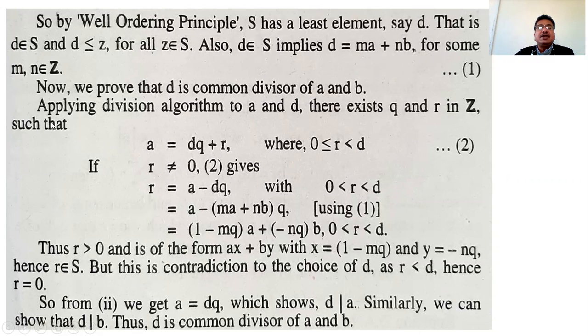So here, suppose m and n exist such that D is equal to ma plus nb, because D is an element of S, and every element of S is of this form, that is, a times some integer plus b times some integer. So take those integers as m and n, or any other notation.